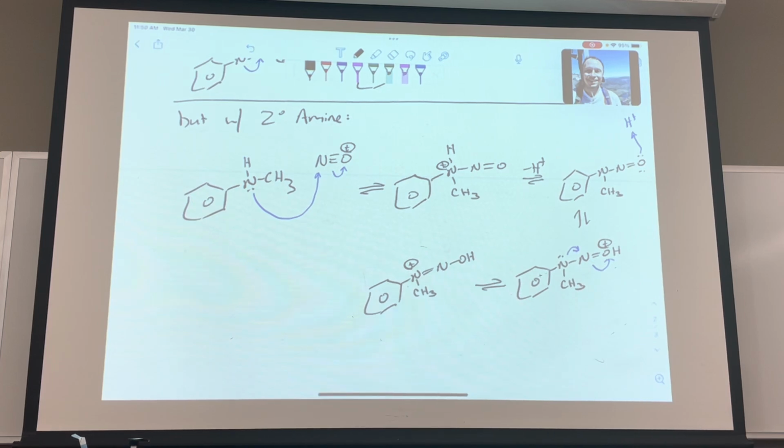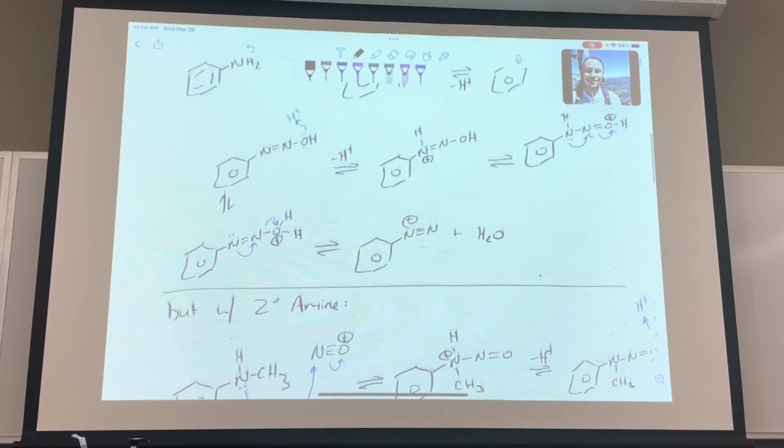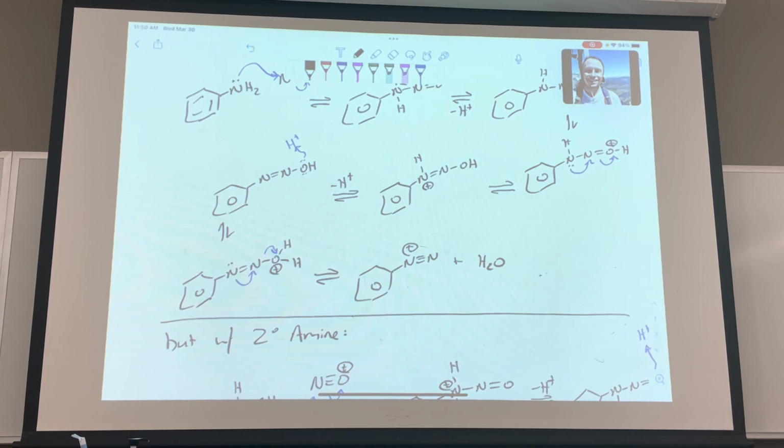Okay, so here's where things start to go awry for us. Because you'll notice I have that positive charge on the nitrogen that I can't give its lone pair back to. If you think about what we did in the previous mechanism, basically right here, all we did was we deprotonated the nitrogen to give it its lone pair back, to get it back to neutrality here.